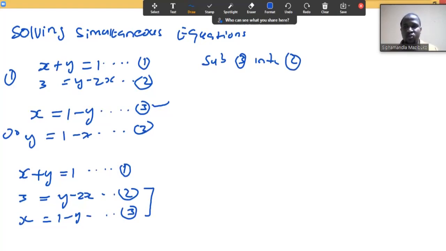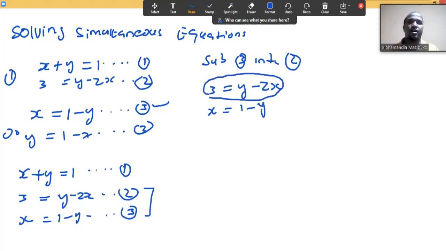Equation 2 is 3 equal to y minus 2x. Wherever I see x in equation 2, I put the 1 minus y from equation 3.